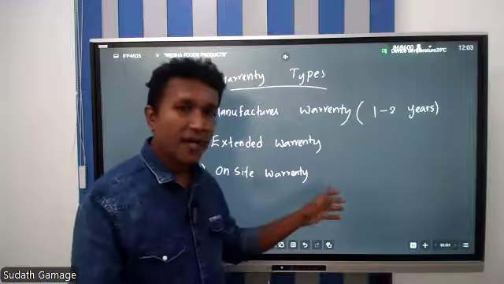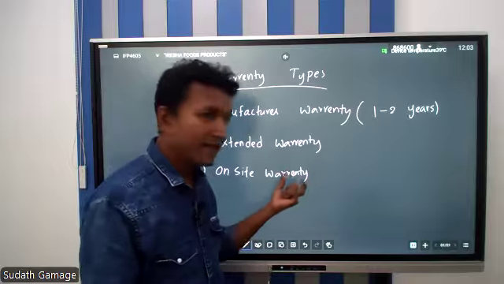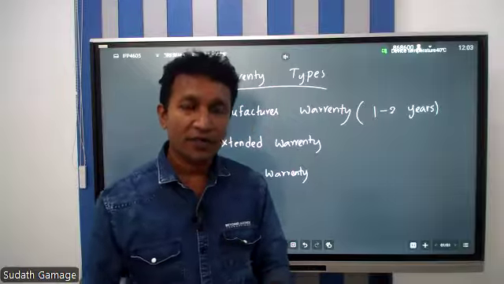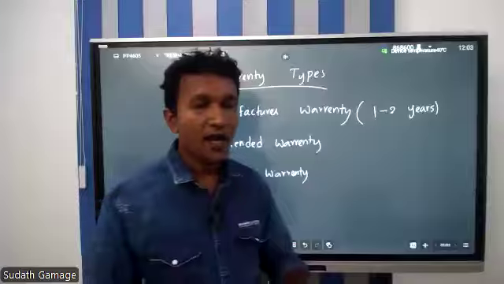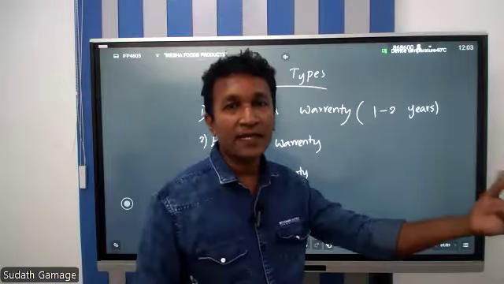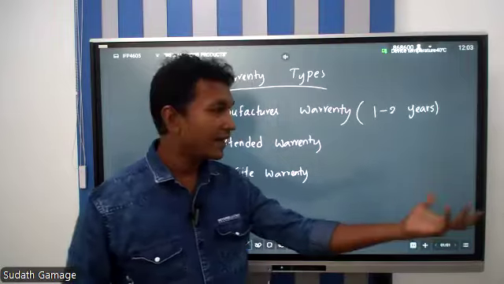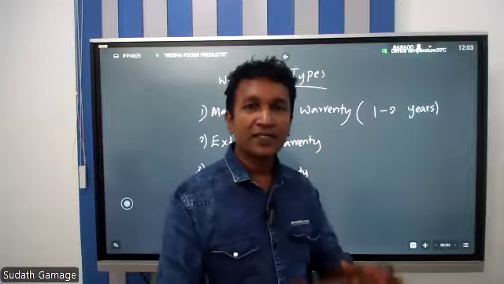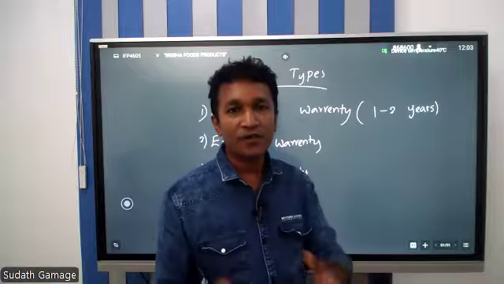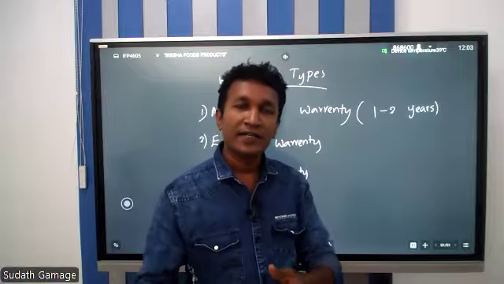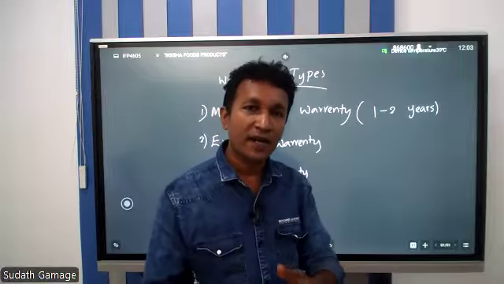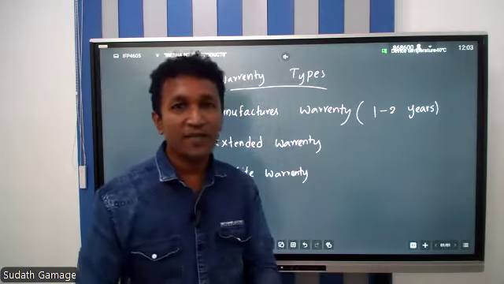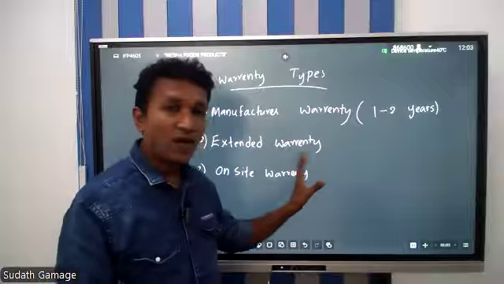They may charge an additional amount. What will happen is, when something happens to my computer or set of computers, I don't have to bring the computer to the computer shop. They will send a worker to the place and repair it on site. Or if it is not repairable, they will replace it with a new computer. This is the on-site warranty.